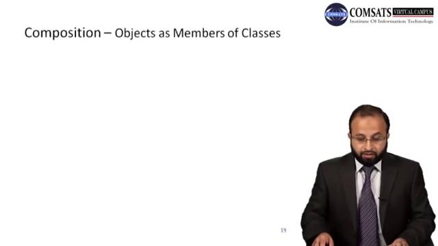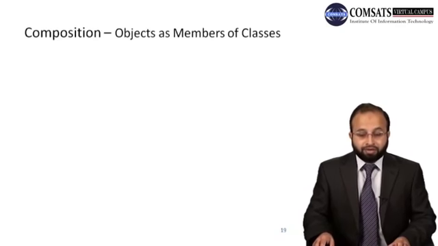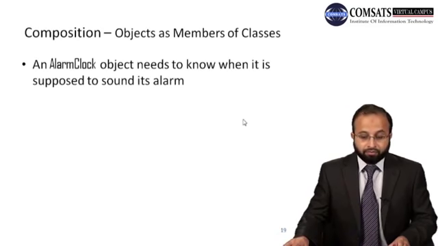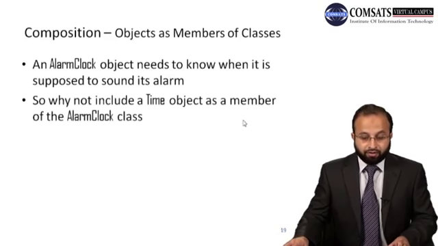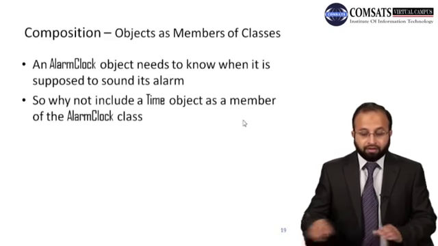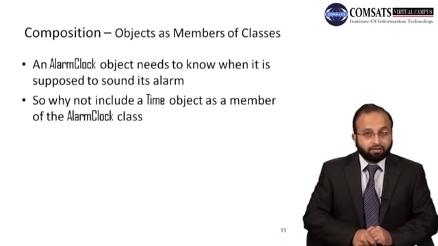And objects. Now let's come to another topic that is called composition, that is object as a member of a class. So an alarm clock object needs to know when it is supposed to sound an alarm, right? So why not include a time object as a member of an alarm clock class?